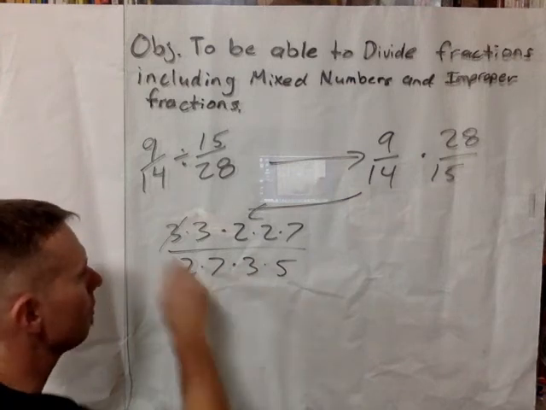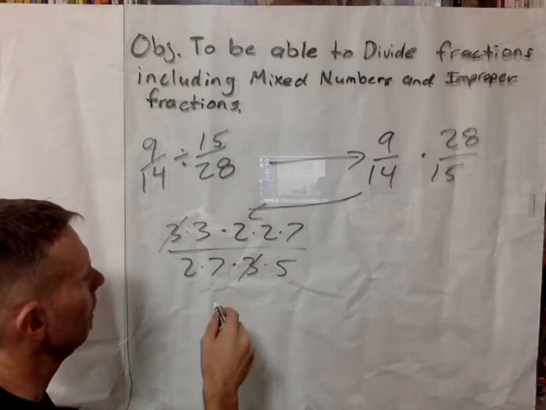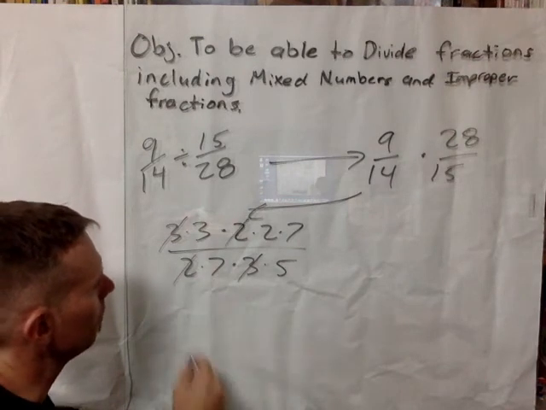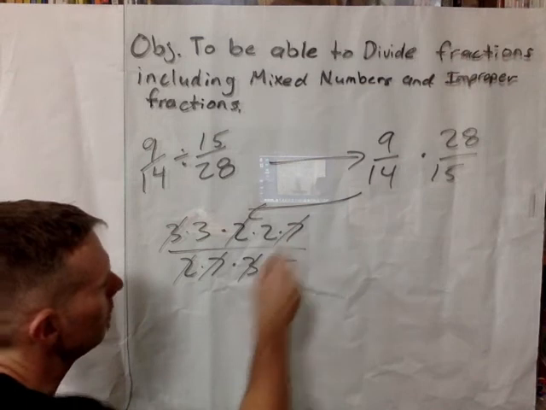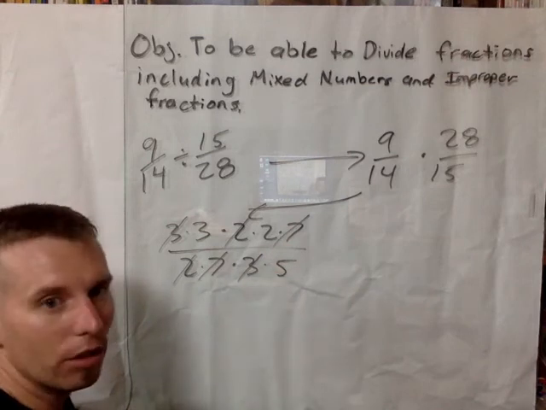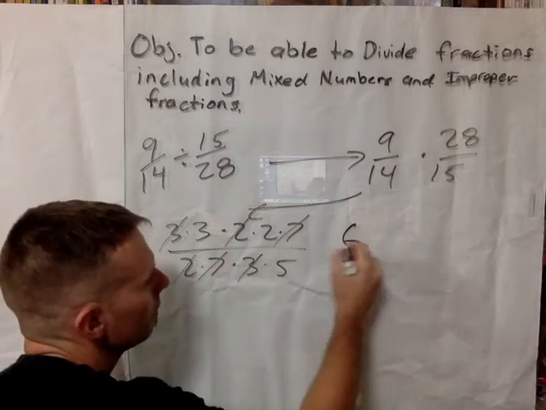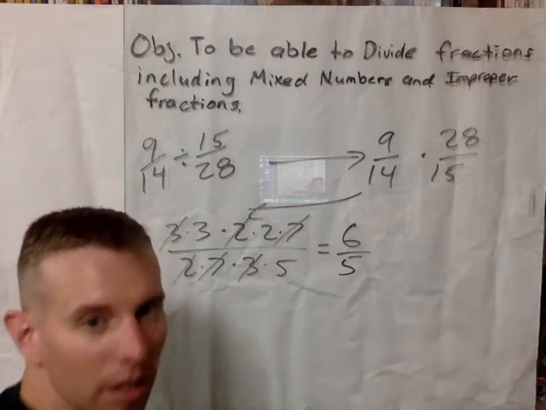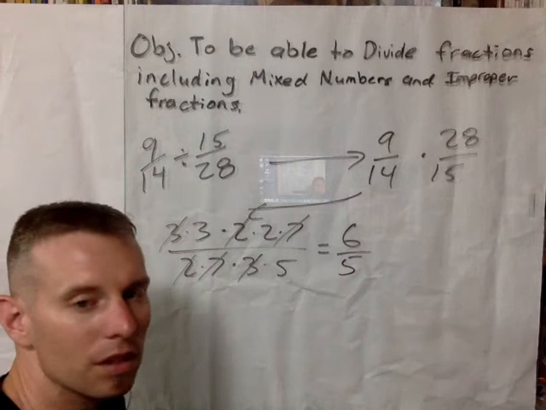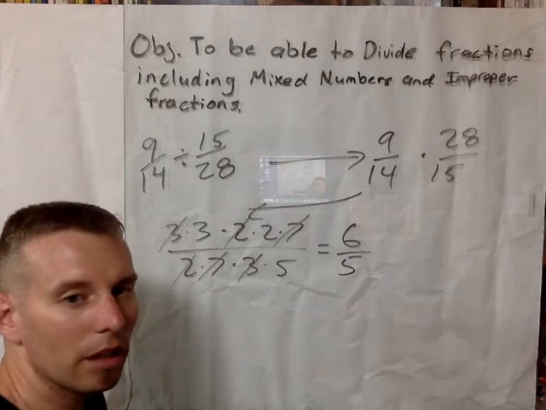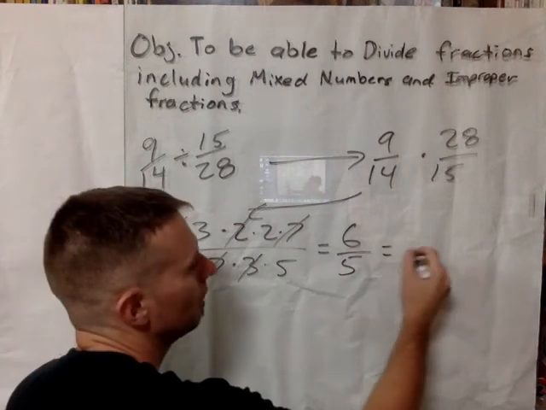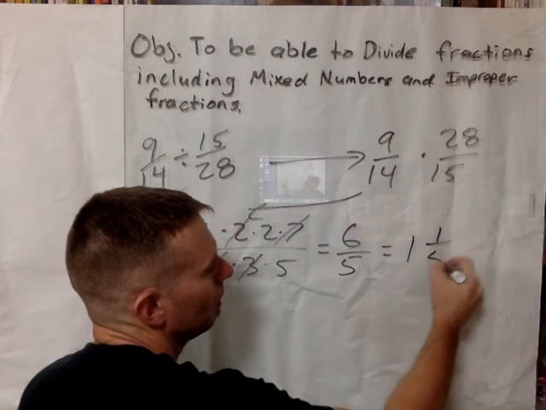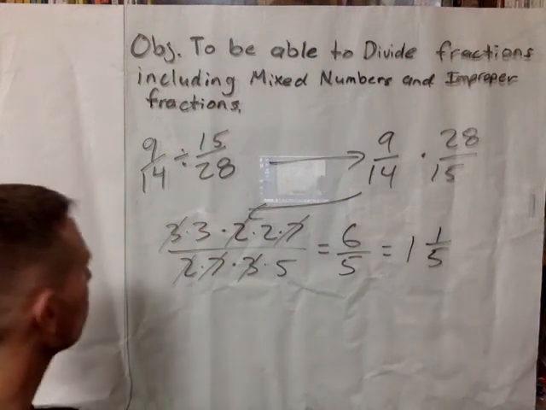We can see one of these 3's cancel, and one of these 2's cancel, and one of these 7's cancel, and we're left with 3 times 2 is 6, and the only thing left on the bottom is 5, so we're left with 6/5. We can convert that back into a mixed number of 1 and 1/5.